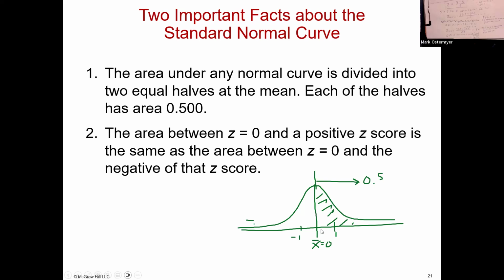And notice the area or the proportion or the probability to the left of the y-axis is 0.5. So we would expect to have 50% of the area also occur below the mean. Okay. All right.